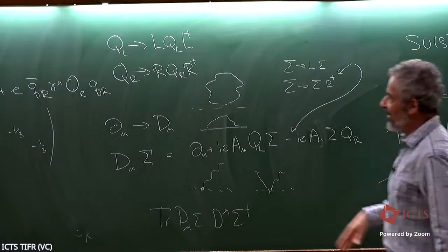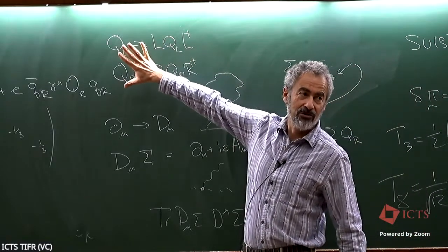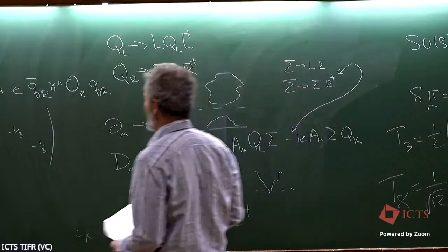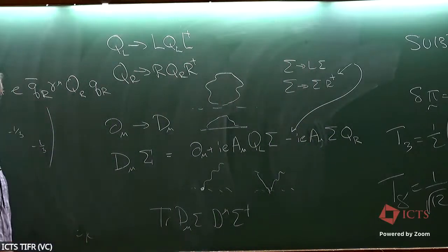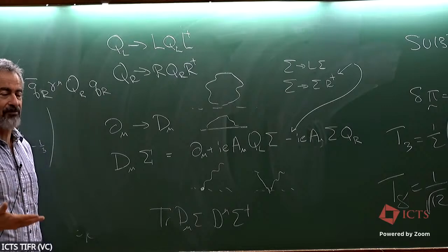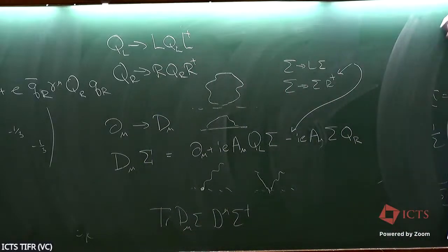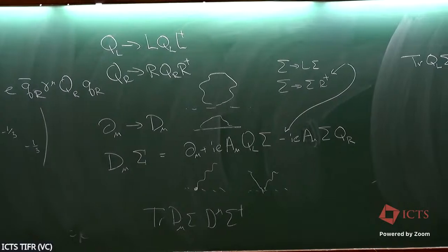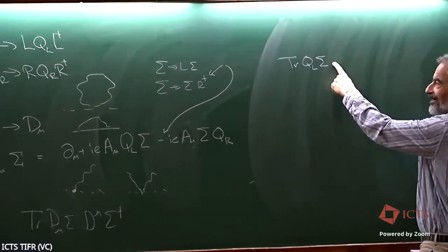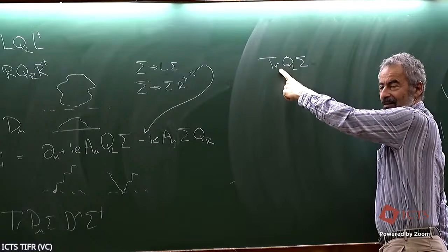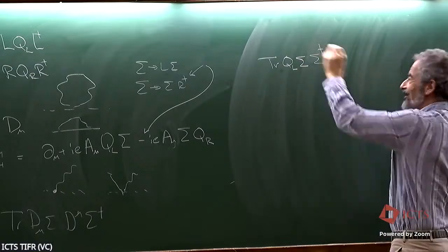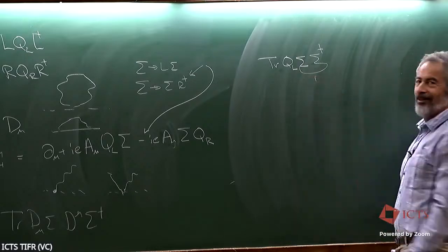So we have to ask ourselves, how can I build an invariant operator out of these Q's and sigmas? Each Q is going to go along with a charge e, so the lowest power I can get is going to be order alpha. So the question is, what operator can I build out of two Q's and sigmas and no derivatives? You can't build one with one Q. If I put a Q left here and a sigma here, that's not going to be invariant, because this has an R dagger here, but this transforms with an L. I could put another sigma dagger, that would work, but now this is trivial because this is 1.